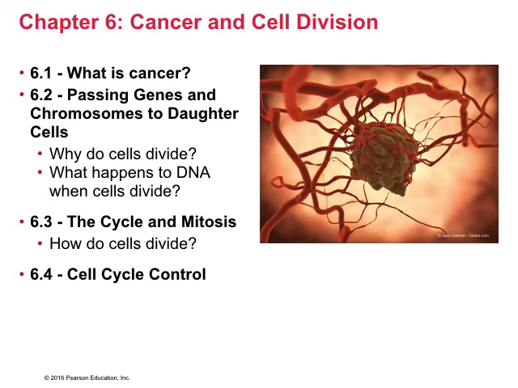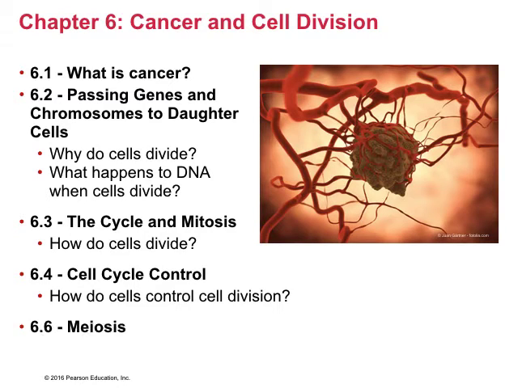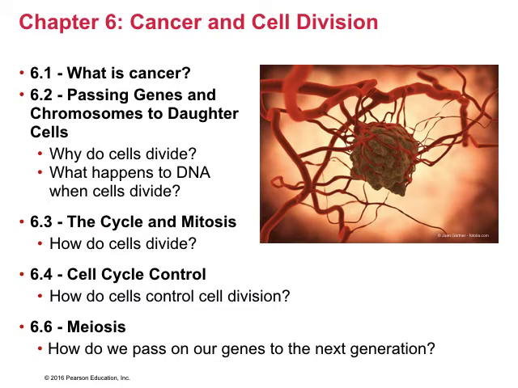We'll get into the control of the cell cycle and how cells control cell division. And then finally we'll look at meiosis, which is a special type of cell division. And we'll see how cells pass on genes, or how we as sexual beings pass on our genes to the next generation.